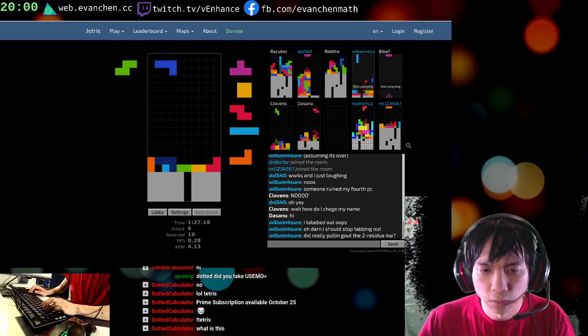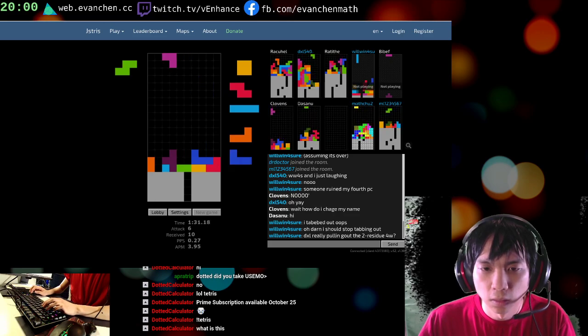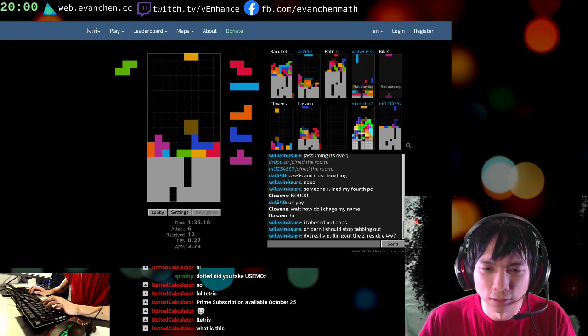Much better. Yeah, that's much better if you have the rotate keys in the home row.